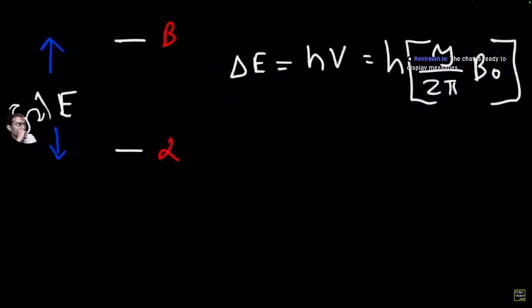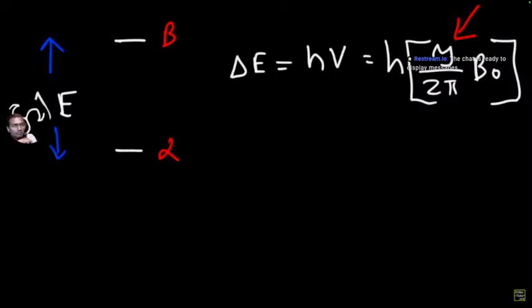Now you might be wondering, what is gamma in this particular equation? So this represents the gyromagnetic ratio of the nucleus that you're dealing with.